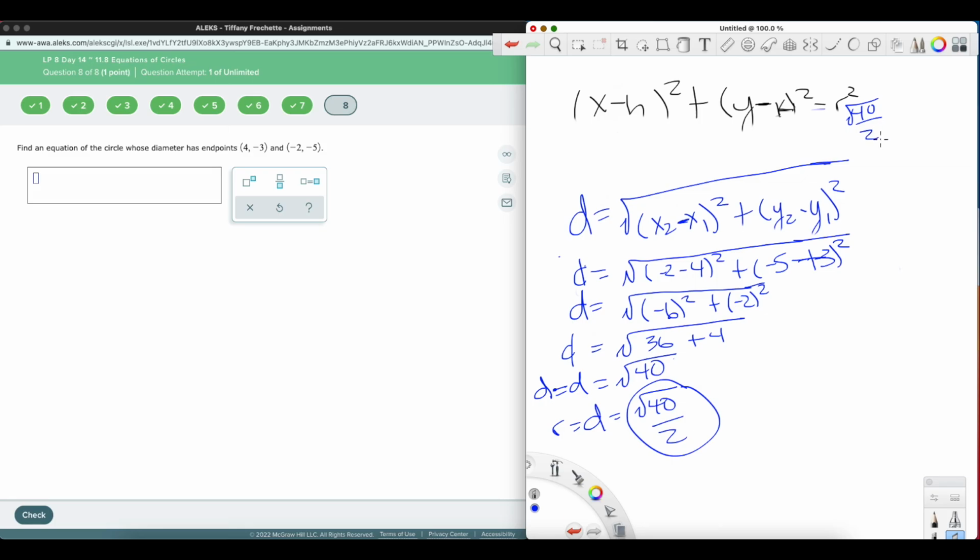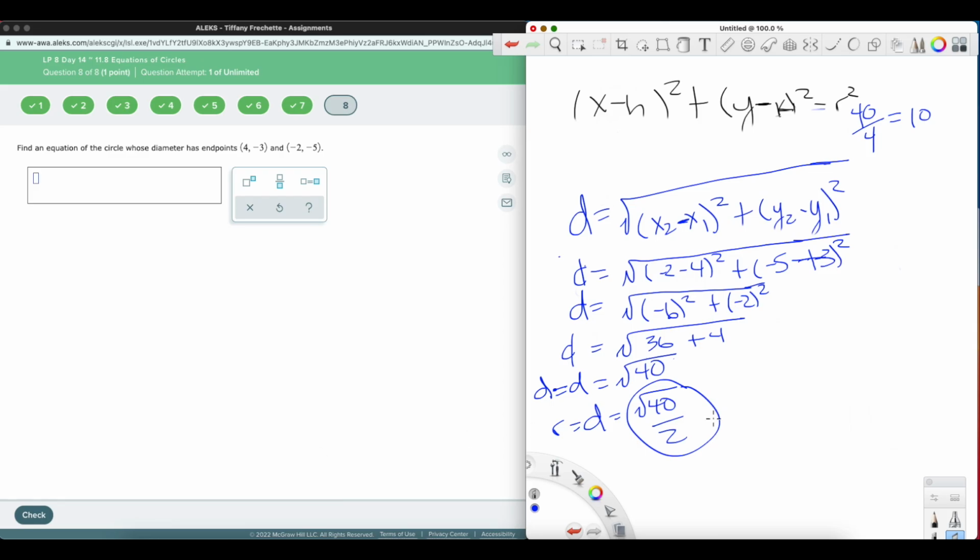Because it's the radius squared. When I square that, it's going to be 40 over 4. Both get squared. So this gets squared and this gets squared. Both top and bottom. Since the top is in a square root sign, it just stays 40, but the bottom does become 4. Well, that 40 divided by 4 is 10. So we have part of our answer there.